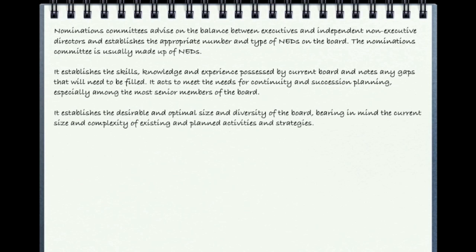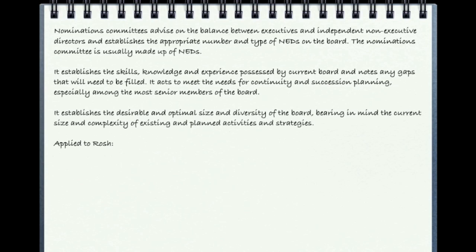The nominations committee will also establish the desirable and optimal size and diversity of the board. Remember, we need diversity to be represented on that board, bearing in mind the current size and complexity of the existing and planned activities and strategies. So the board needs to be suitable to actually push those activities and strategies forward.